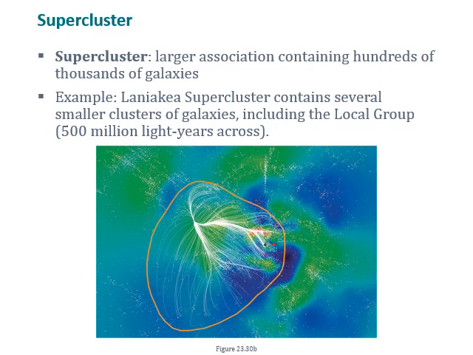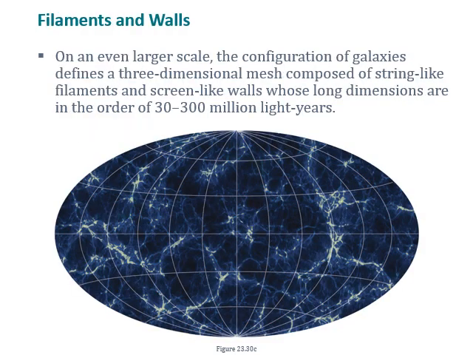One example is the Laniakea supercluster, containing several smaller clusters, including the local group. This supercluster is 500 million light-years across. On an even larger scale, the configuration of galaxies defines a three-dimensional mesh composed of string-like filaments and screen-like walls, whose dimensions are on the order of 30 to 300 million light-years.